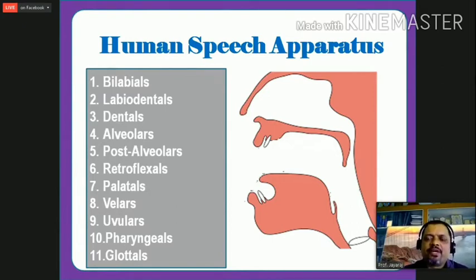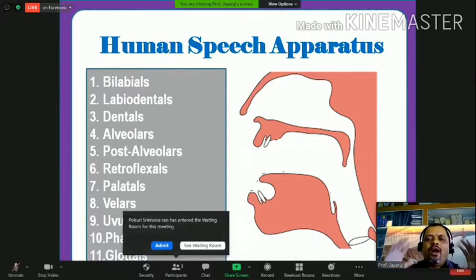If you take up a guitar, you may have a smaller one and a bigger one, but a guitar is a guitar across the cultures. So this human speech apparatus is similar and the same across human languages. This is what we need to understand.